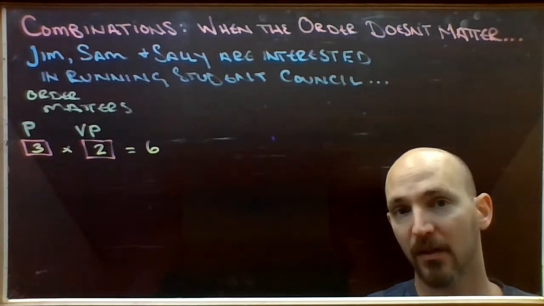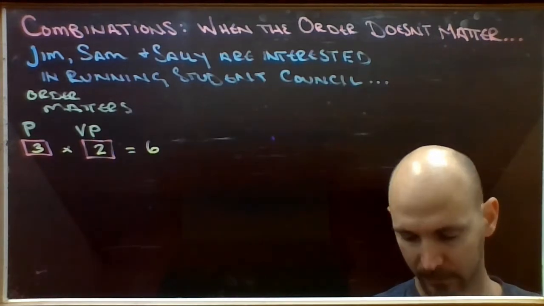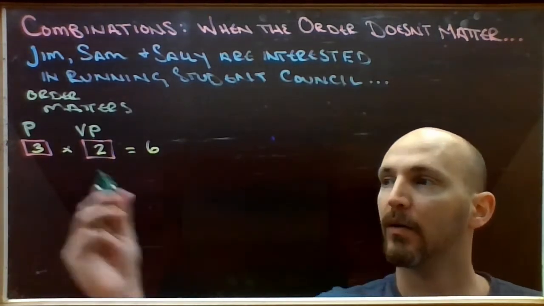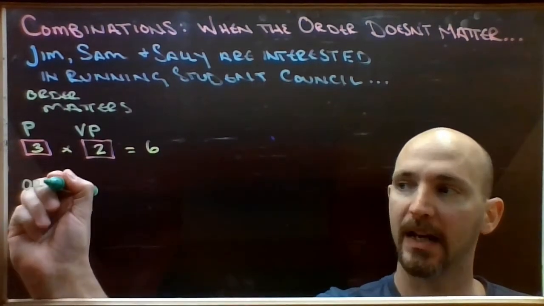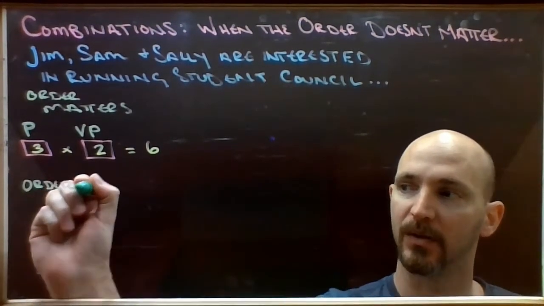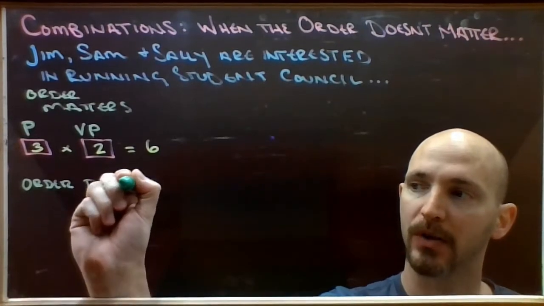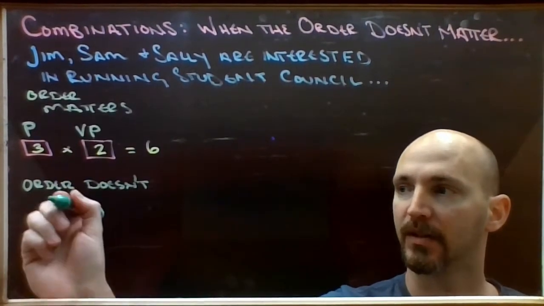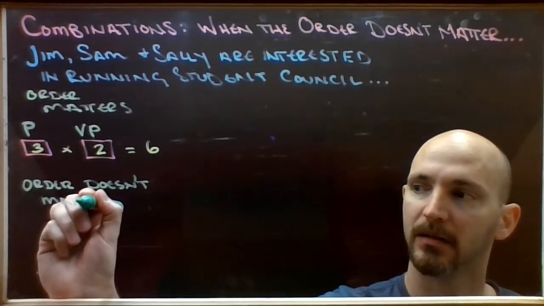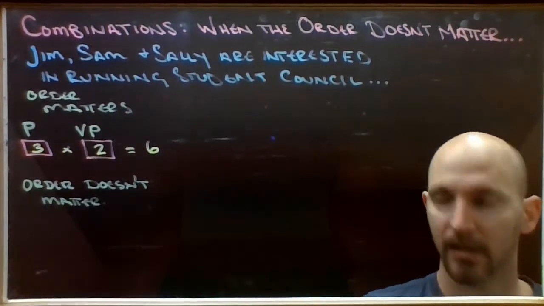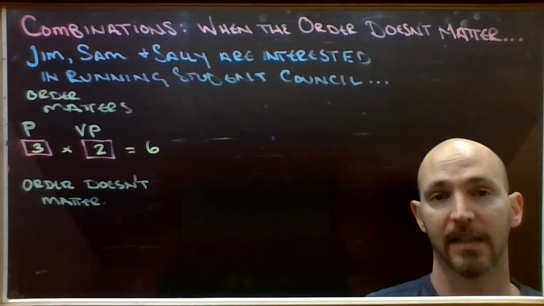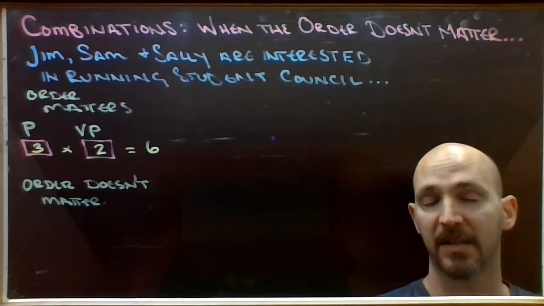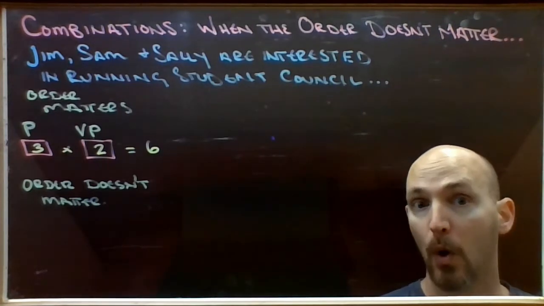If we were to do this in a way where the order doesn't matter, we'd have to find a way of arranging our student council so that there weren't different positions in the executive. Order doesn't matter. So I know at Grey Highlands, at least, that they do not have a president and a vice president of student council. They have two co-presidents.